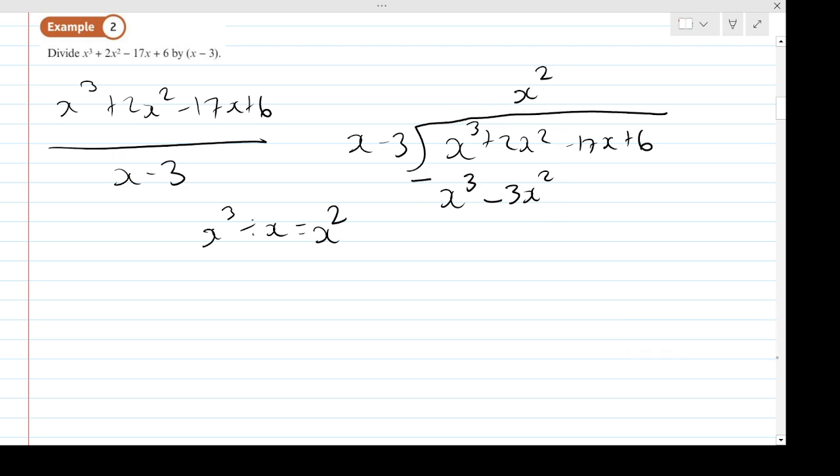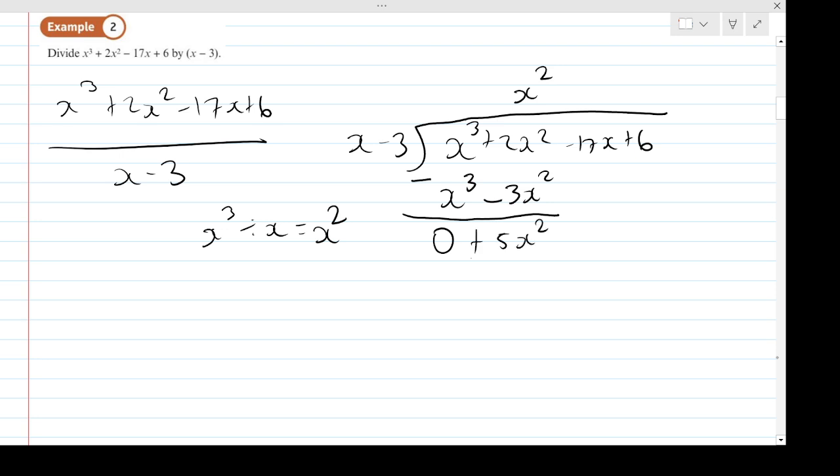If I take away, from the top part, x cubed plus 2x squared, the x cubed minus 3x squared, then x cubed take away x cubed is 0. Then 2x squared take away minus 3x squared is a double negative, so 2x squared plus 3x squared gives 5x squared.